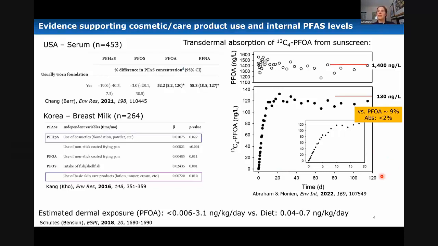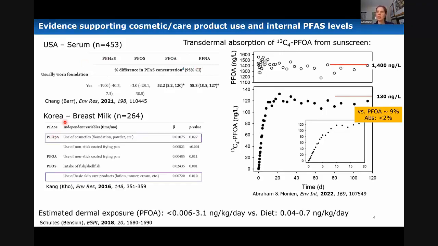So there have been a few epidemiological studies that have tried to help answer this question, where they've tried to tease apart positive relationships between cosmetic application and the internal levels of PFAS. One study published in the US took serum samples from about 450 women and found that those women with higher serum levels of PFOA and PFNA were linked to women that normally wore foundation.